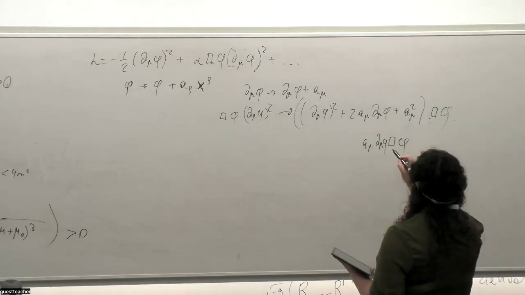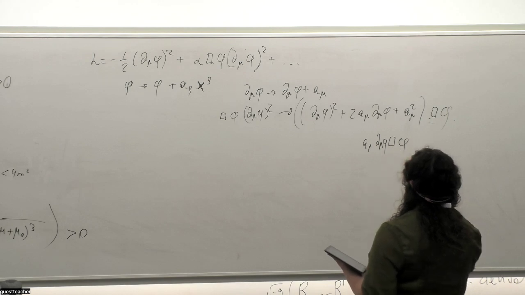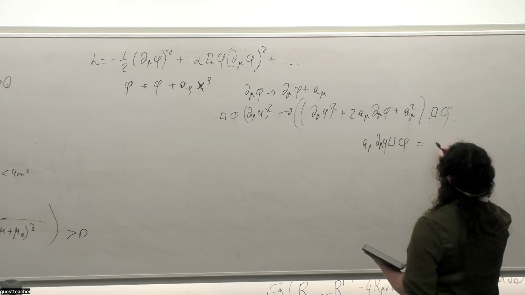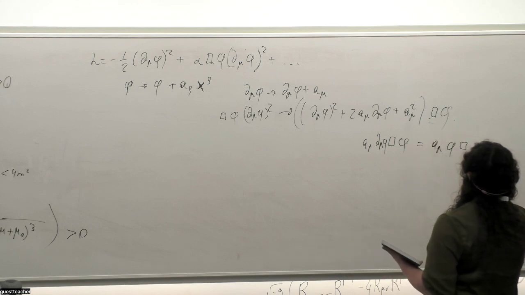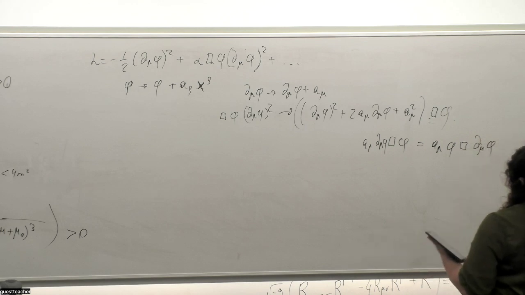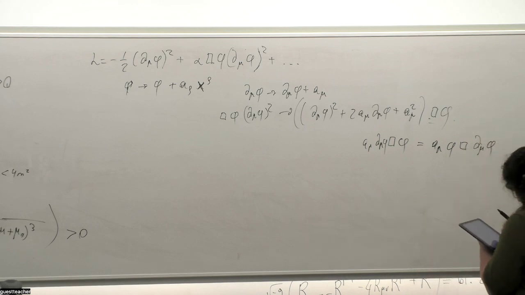You can write it as a^mu phi box d_mu phi, so it can also be brought to the form of a total derivative.